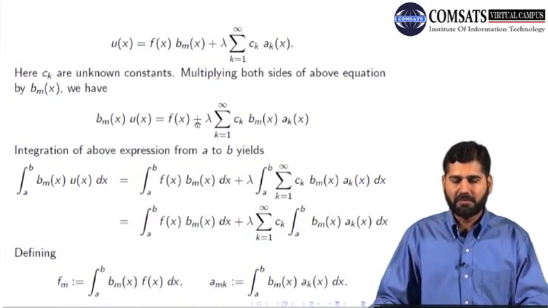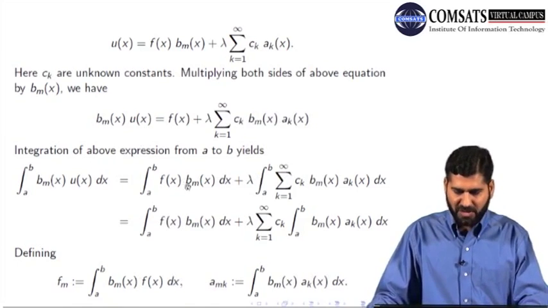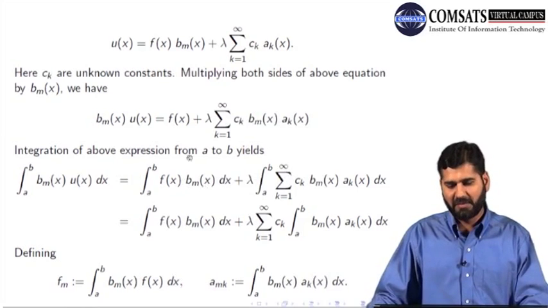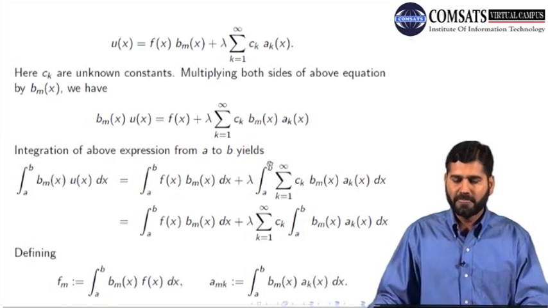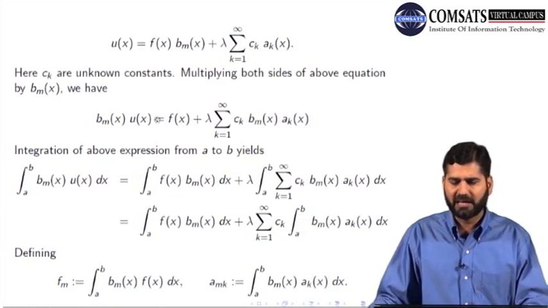Now if we multiply by b_m(x) and integrate, you see you have b_m(x) u(x) on the left-hand side, f(x) b_m(x), see? So this b_m(x) should be here, not here. Plus lambda, integral from a to b, of c_k b_m(x) a_k(x) dx. So I multiplied everything by b_m(x) and integrated it.